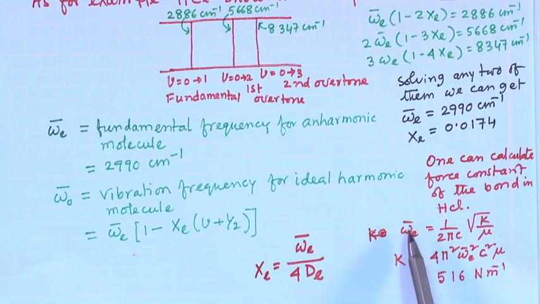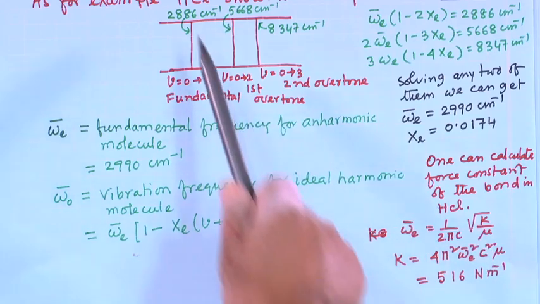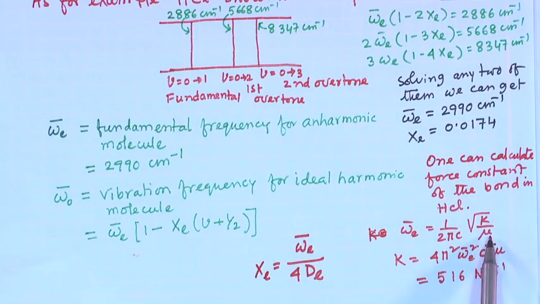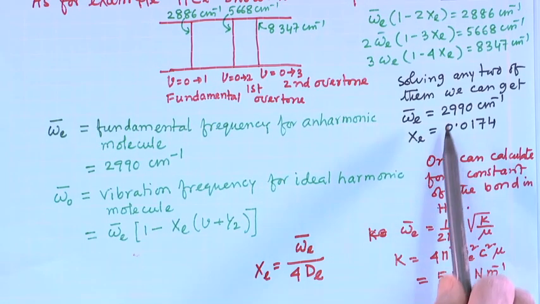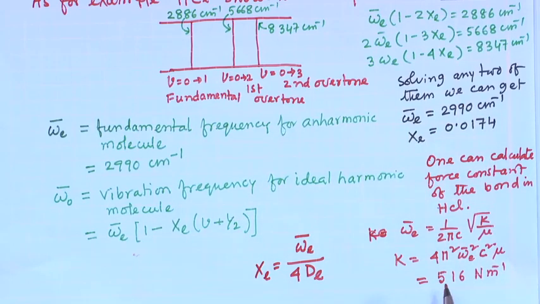Omega E bar and mu for HCl are known, so from the experimental value of omega E bar squared you will get k. If you put in the values, k is 516 Newton per meter. If you know the force constant k, you can also find out the bond length, R0.